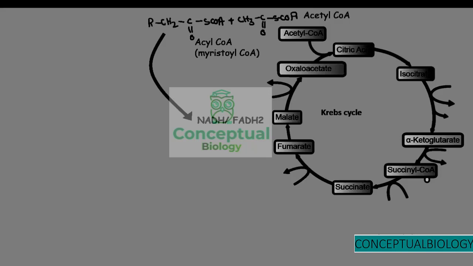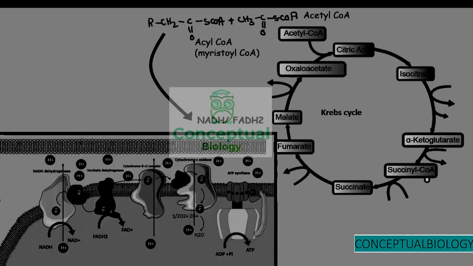All of these NADH and FADH2 would be channeled to the electron transport chain. They would donate their electrons to the electron transport chain, and protons would be pumped into the intermembrane space. As a result, using the proton gradient, the ATP synthase would generate ATP. Now this is the key goal of beta oxidation. Beta oxidation's key goal is to break down the fatty acid in the time of starvation, when the body needs fatty acid breakdown to generate energy.